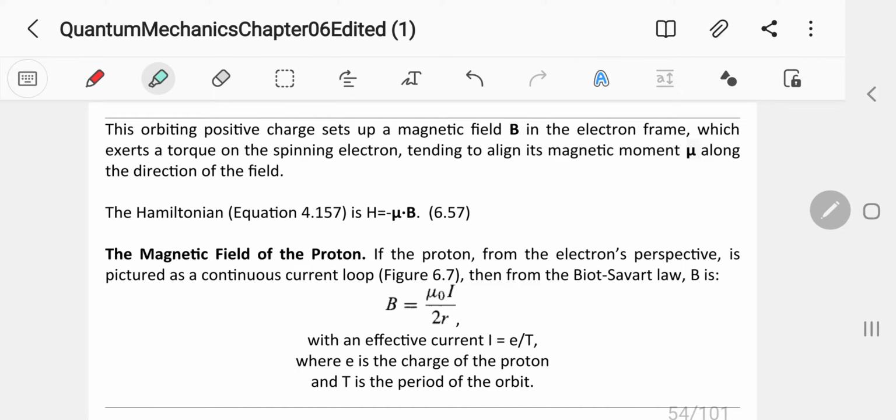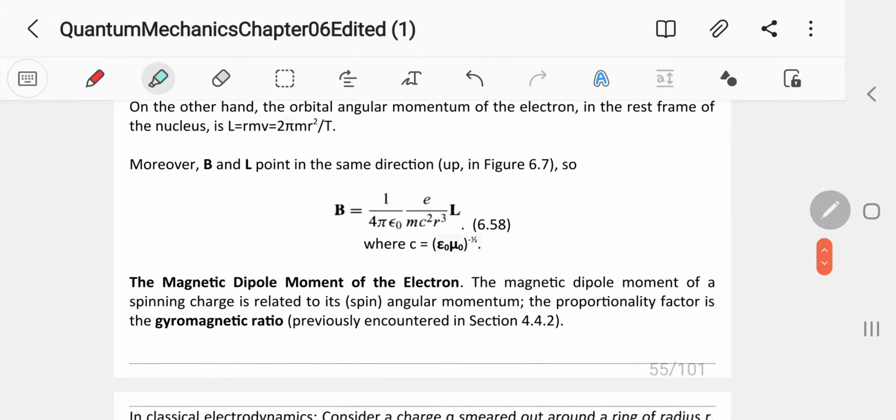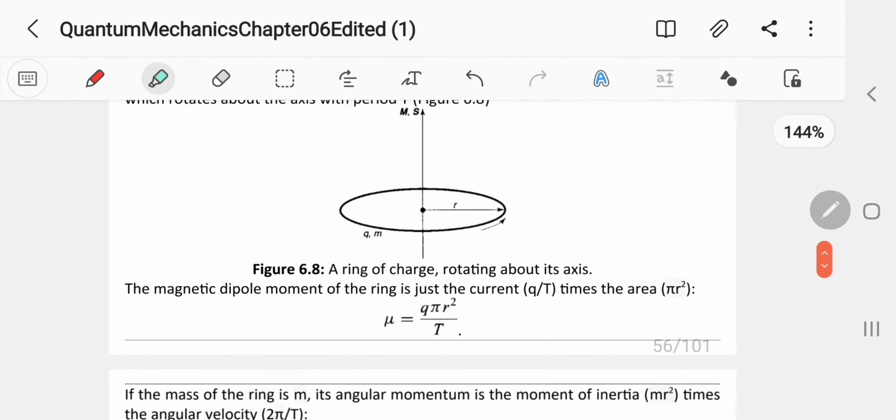The Hamiltonian is given by negative mu dot B, where mu is the magnetic moment, given by this. If you still remember your university physics, you can solve for it.